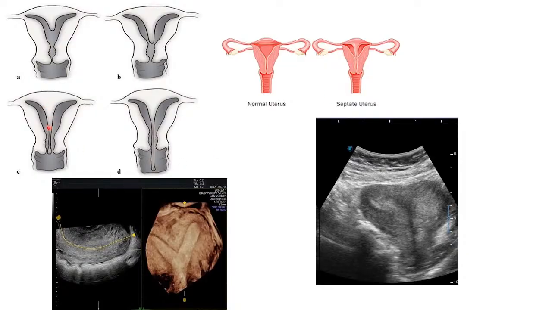Look here, we have the uterine cavities, then there's a septum in between, and again a septum there dividing the cavity into two. So this is in keeping with a septate uterus. This is septate uterus.